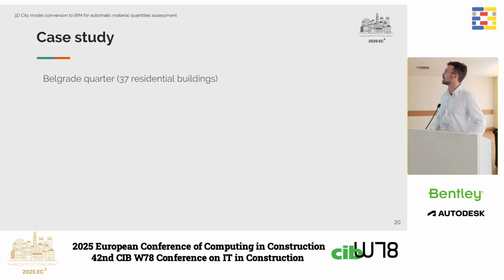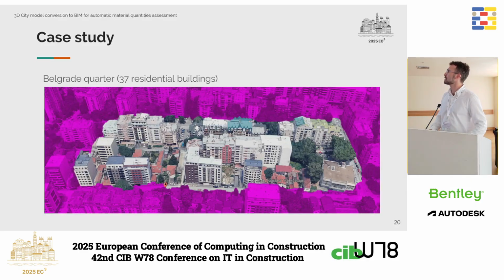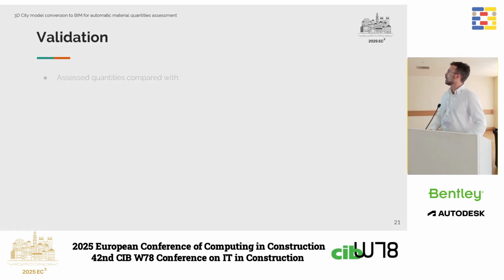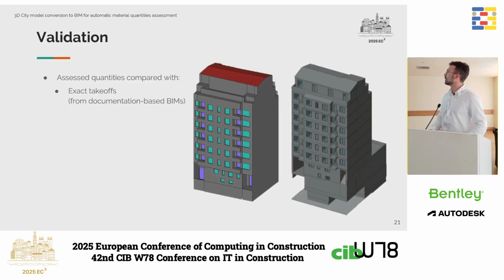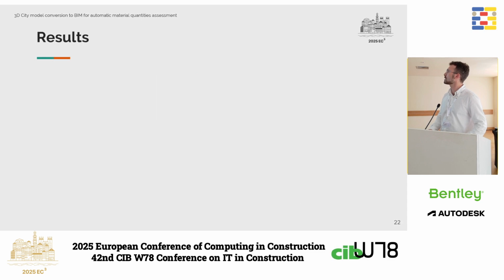in a case study of the Belgrade quarter, including 37 residential buildings. For validation, we had the exact takeoffs from the documentation-based BIMs of buildings, and also we used mixed data for some other buildings.